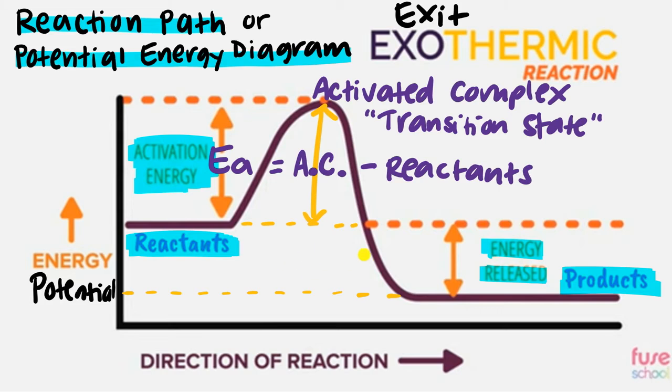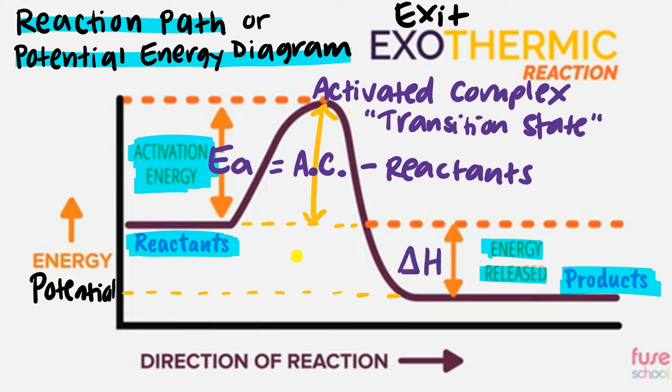So if you're asked to calculate the amount of energy released, okay, we can do that. We're going to follow this formula. The amount of energy released is going to be equal to the products minus the reactants. Products minus reactants. And so we're going to give this a fancy name.